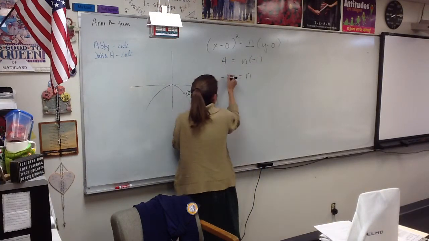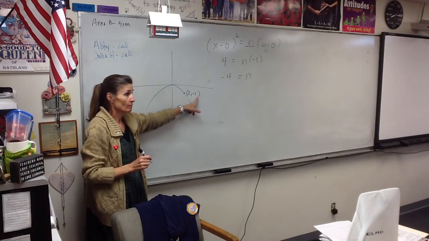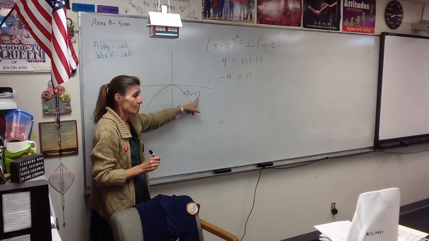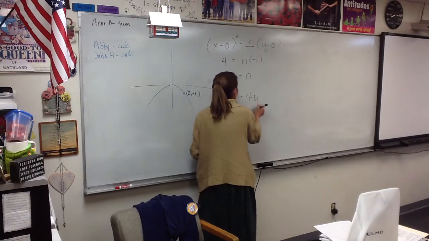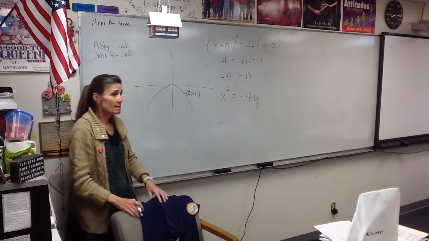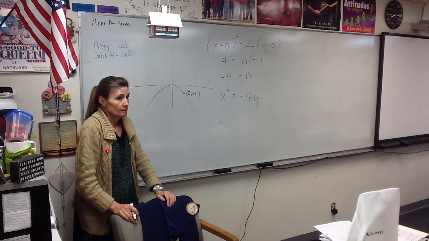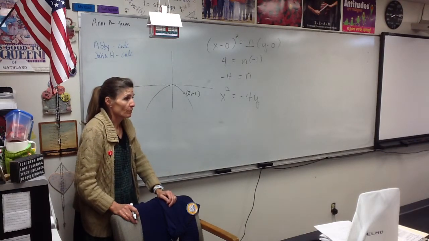It looks like n is negative 4. So my equation is x squared equals negative 4y. Does it make sense that number turned out negative? Why? It opens down, yep. Okay, so there's a couple more in the homework like that you'll do that way.